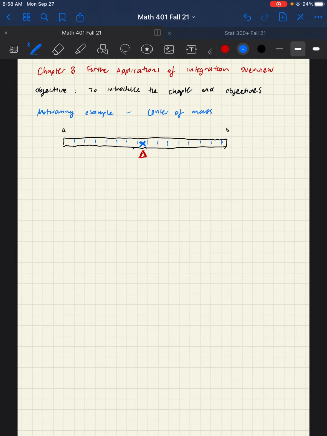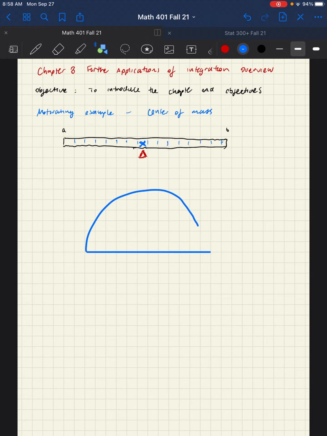So for this one-dimensional object, the center of mass is a point somewhere in the object's area where it can rotate freely about that point. So there it would be perfectly balanced.